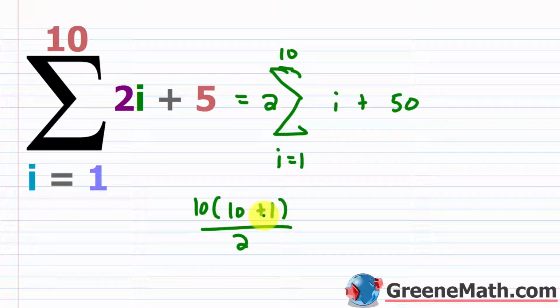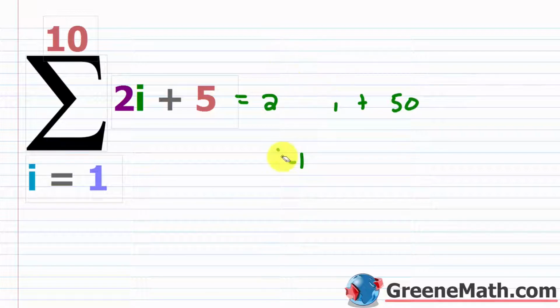So 10 plus 1 is 11. You would have 11 times 10. 11 times 10 is 110. And then divided by 2 would be 55. So you can go ahead and immediately erase this and put 55. And you're just multiplying by 2, so 2 times 55 is 110. So this is 110 plus 50, which is going to be 160.